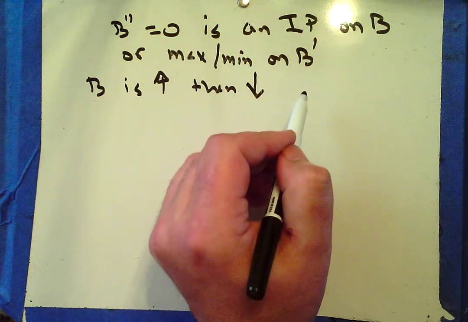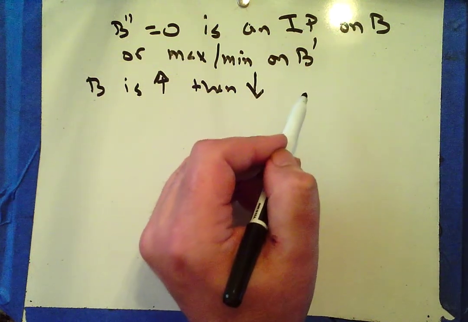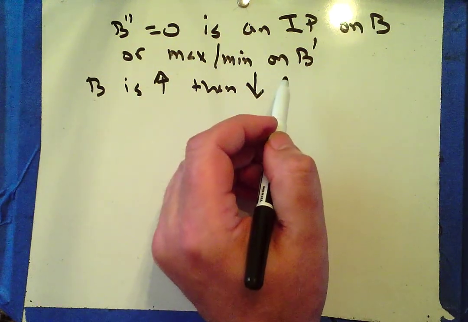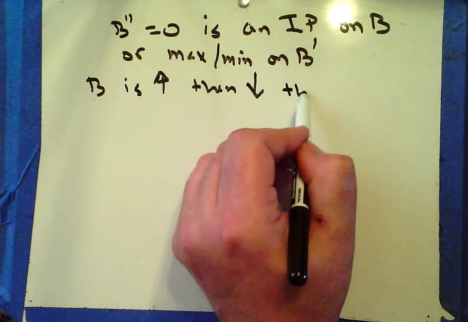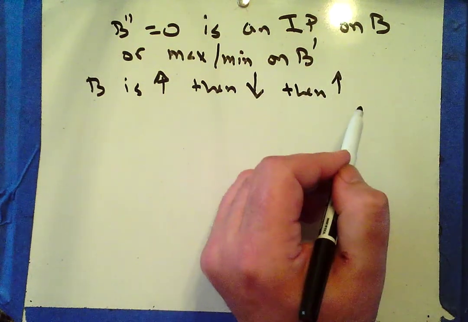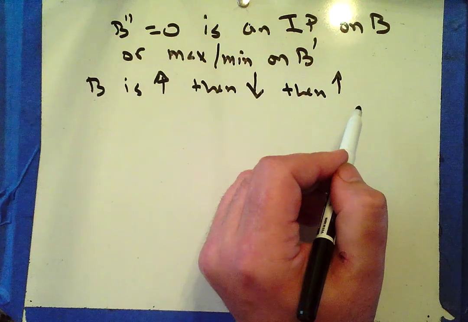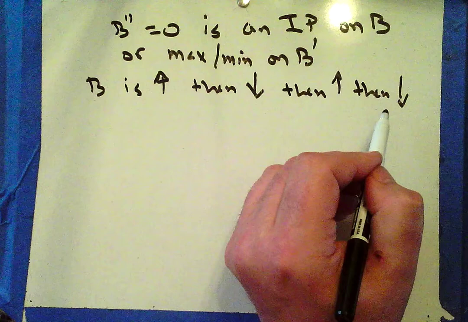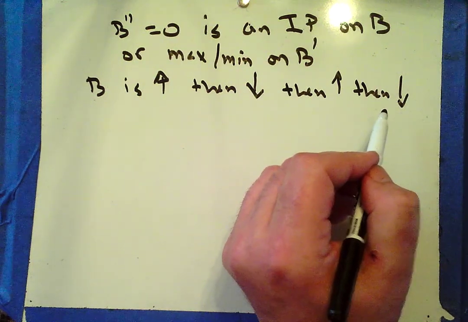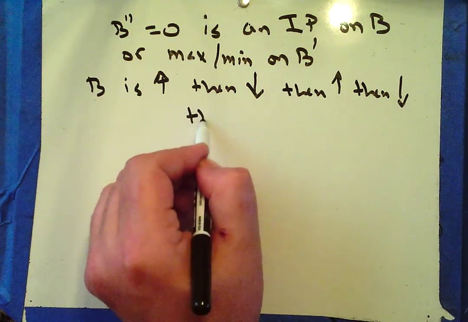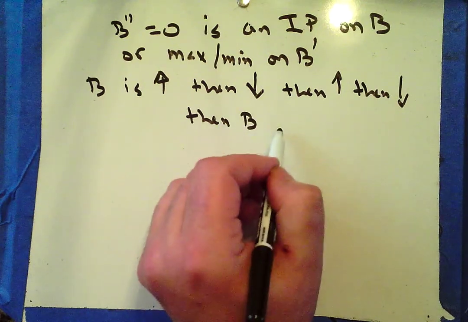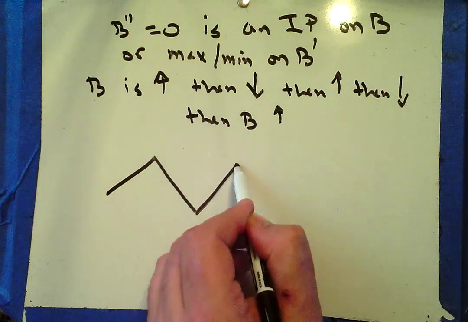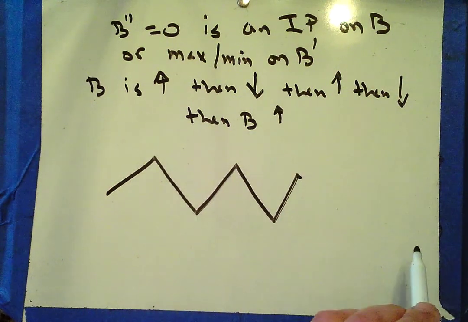And then B is increasing again, 28, 30. And then B is decreasing. And that goes 26 to 24, but then we've got 24 to 26. Then B is increasing. So I've got increasing, decreasing, increasing, decreasing, increasing.